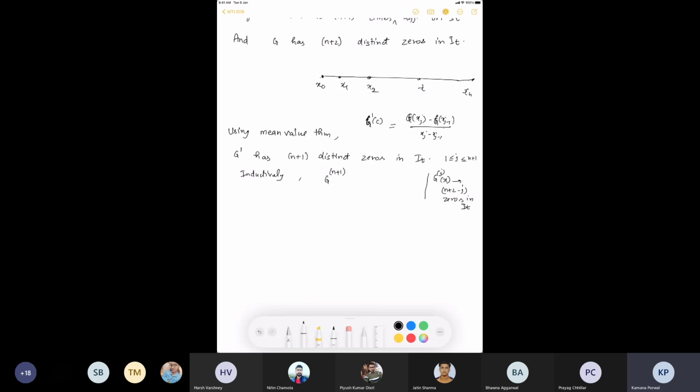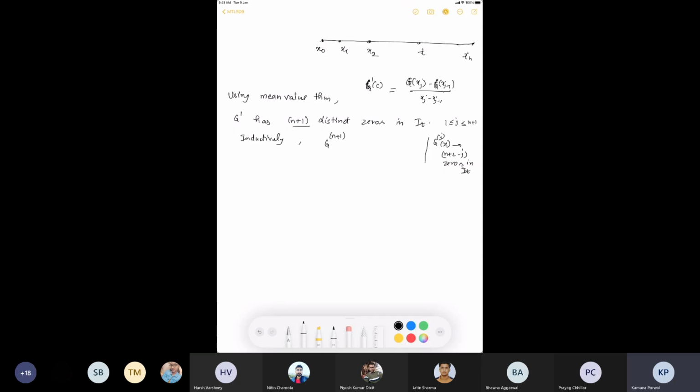You will have n plus 1 zeros for g prime, for g double prime you will have n distinct zeros, and if you continue repeating this process, what you are left with is that the n plus 1th derivative of g has a zero in the interval I.